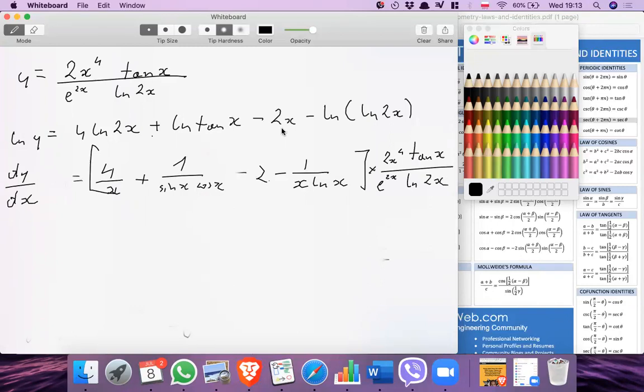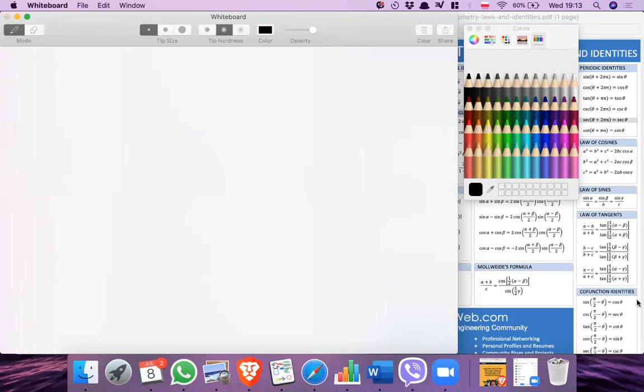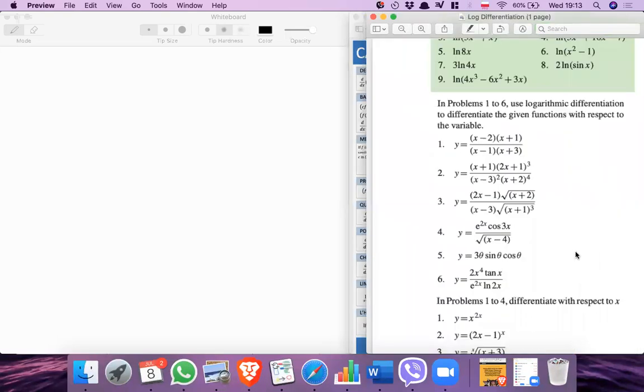For me, being able to differentiate this function is quite powerful, because if we were to differentiate this using the standard approach with product and quotient rules, it wouldn't be a nice thing to do, let's say. So let me clear this and move on to question number 3.